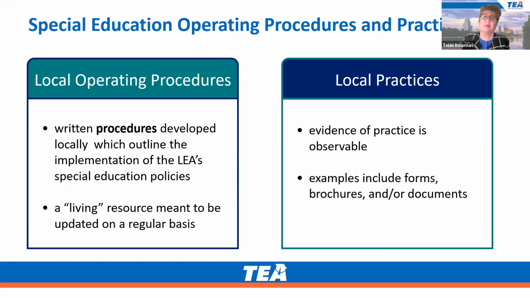The special education practices are evidenced and observable implementations. This could be evidenced in a variety of documentation types, through monitoring interviews or on-site observations, or other demonstrable application of policy and operating procedures.